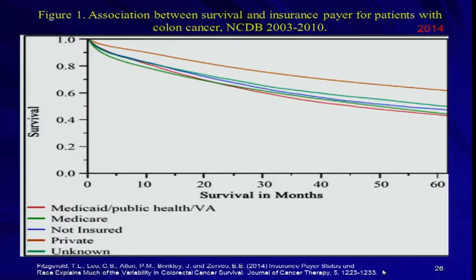This all gave me some triggers. In 2014, another group looked at the insurance effect on colon cancer, 2003 to 2010. You can see 5-year survival: Medicaid is still lower, and private is still much better. So that's national data.